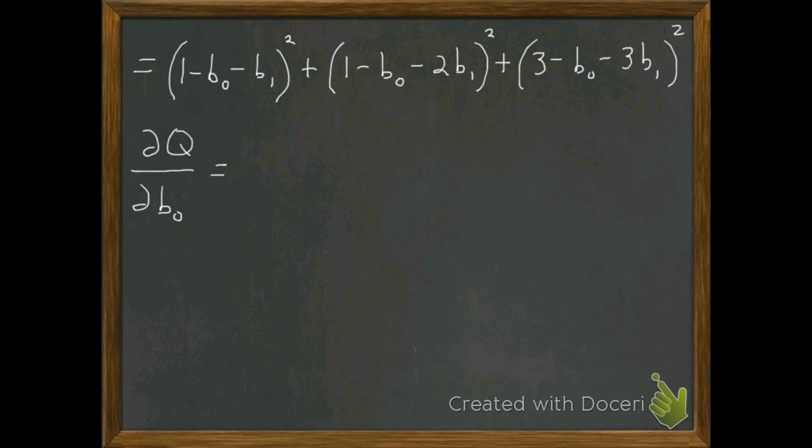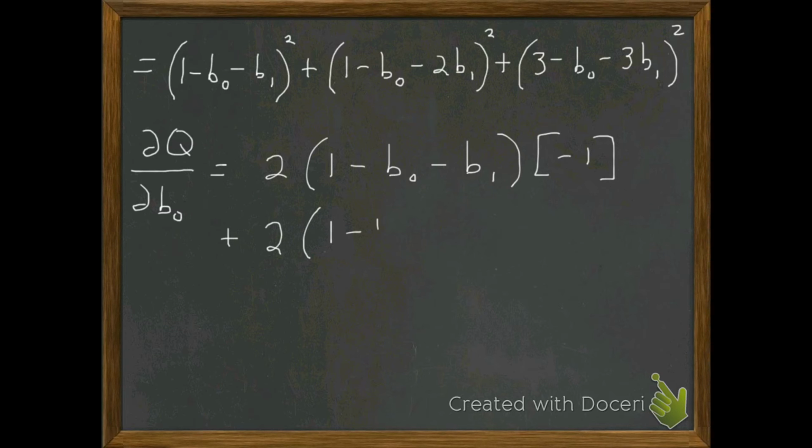And the first term, we're going to get 2 times 1 minus b0 minus b1, times using chain rule, the derivative of the inside part with respect to b0 gives us negative 1. The partial with respect to b0 of the second term gives us 1 minus b0 minus 2b1 times negative 1.